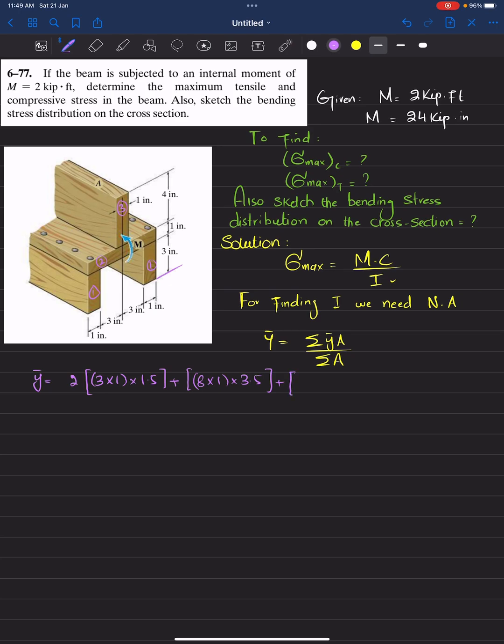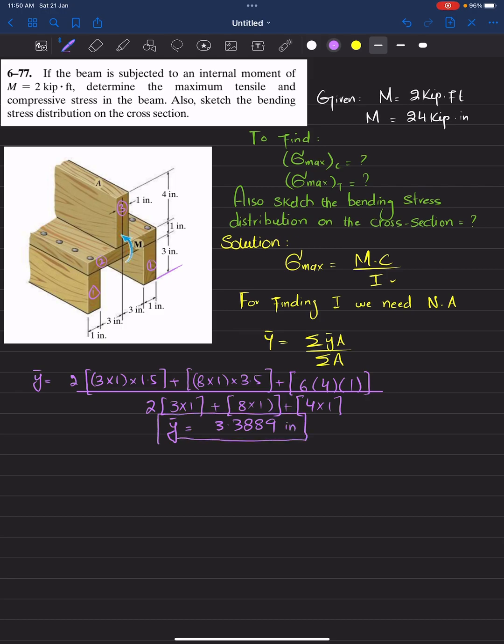So y dash is 6 multiplied by its area, 4 multiplied by 1, divided by the sum of all the areas: 2 into 3 multiplied by 1, plus 8 multiplied by 1, plus 4 multiplied by 1. When you solve this, y dash will be equal to 3.3889 inch.